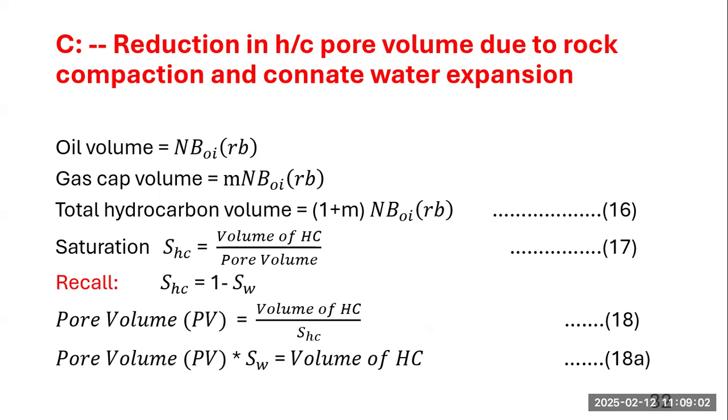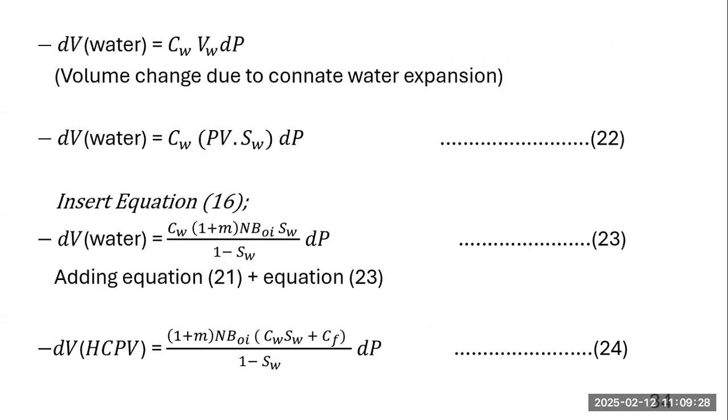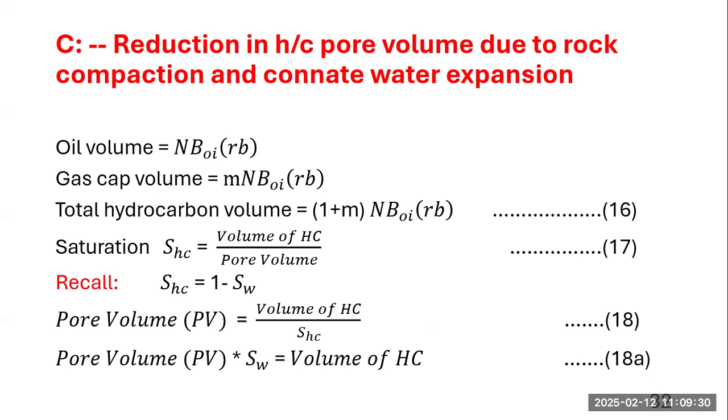If you take your oil and your gas out, what do you have left? You have 1 minus SW. So your SHC equals 1 minus SW. If you take SW, the saturation of water, out, you have oil saturation.